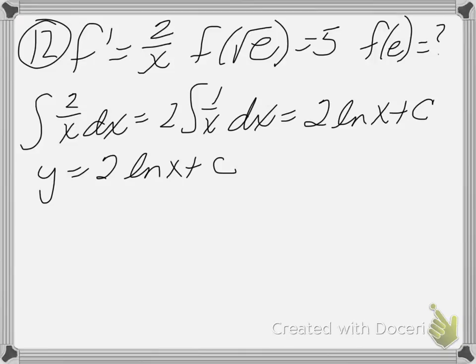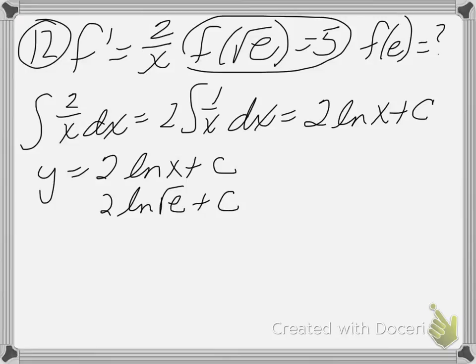Okay, but what do we know about y? That's given right here. That when x is radical e, y is equal to 5. So now all we have to do is solve for c, and once we do that, we'll come back here and replace it. Okay, so how am I going to do that? I'm going to change this radical e to e to the 1/2.